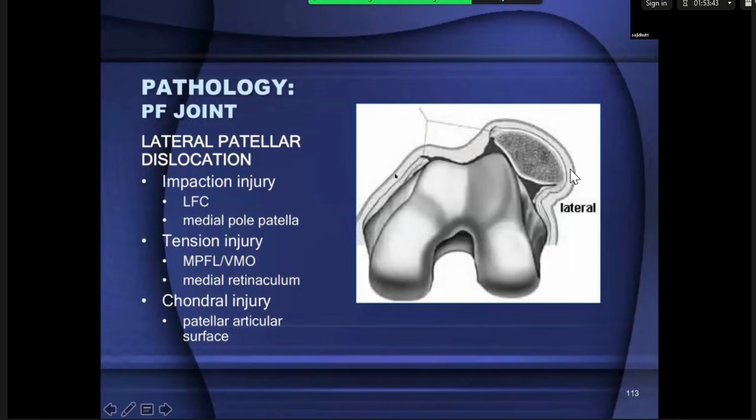On the medial side, remember, the weak medial patellar retinaculum is being supported by the vastus medialis obliquus, which is the lowermost fibers of the vastus medialis. And along with the ligamentous attachment, you've got the medial patellofemoral ligament, which is trying to keep the patella on the medial side.